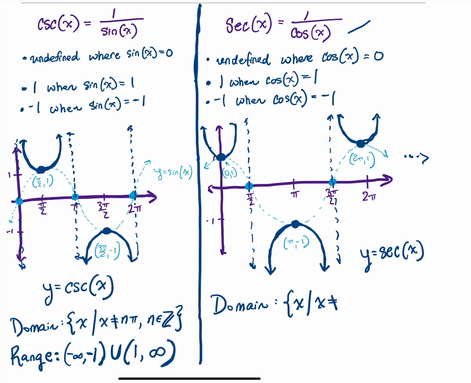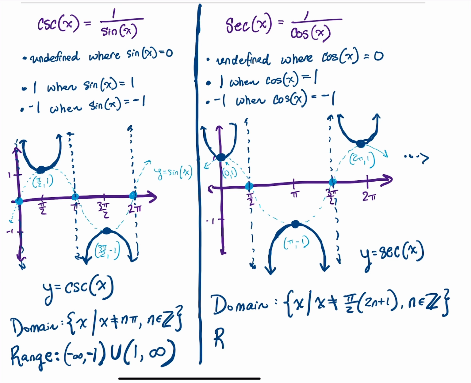Tangent is sine over cosine. Secant is 1 over cosine. So they both have asymptotes wherever the cosine is equal to 0. So you can relate them in that way. So all values x such that x is not equal to odd multiples of pi over 2. I can say pi over 2 times 2n plus 1, where n is an element of the set of integers.